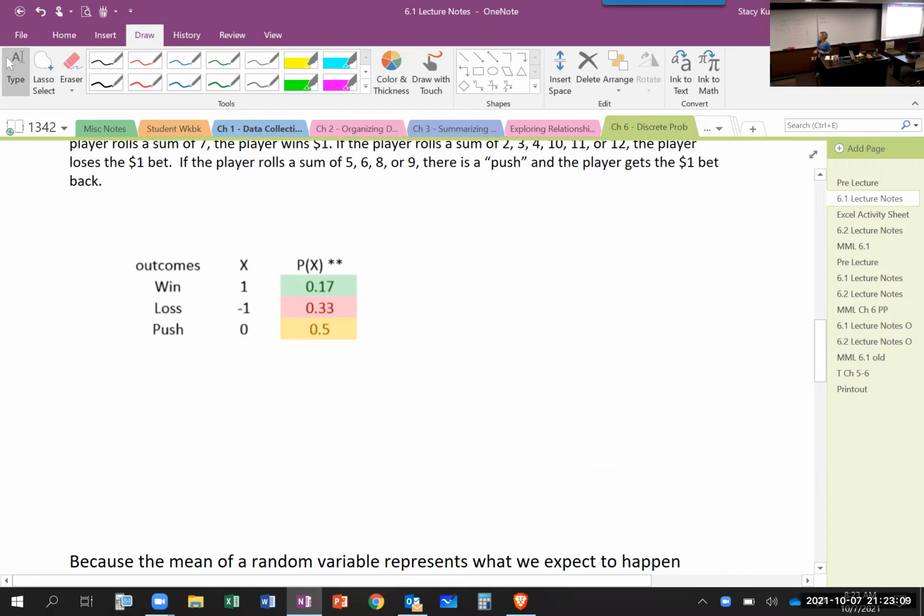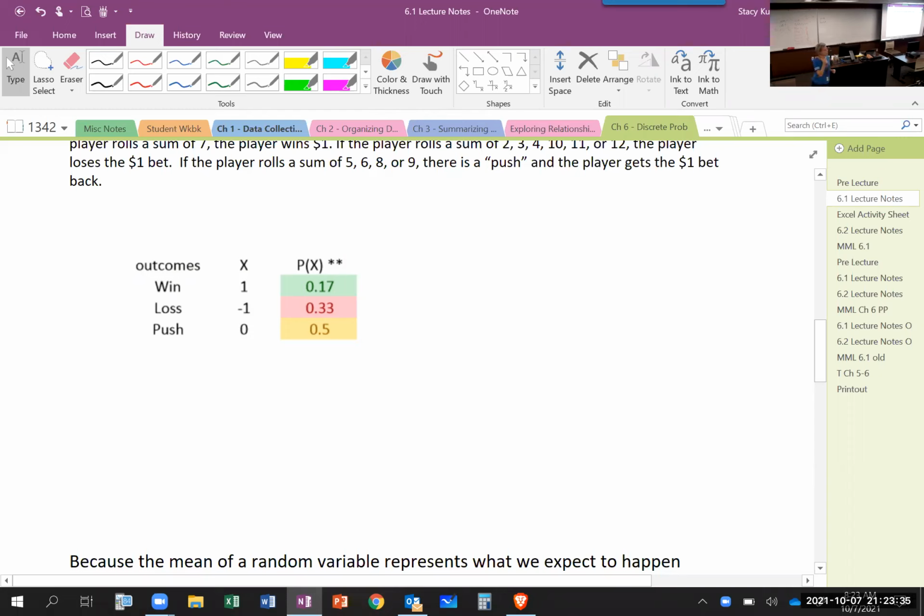The outcome of my game, in this particular case, is what happens when I win, what happens when I lose, and what happens when I push. If I win, I get $1. If I lose, I lose $1. If I get a push, I get nothing, right? It's neutral. And so for each of these 3 possible outcomes, there is an associated probability.